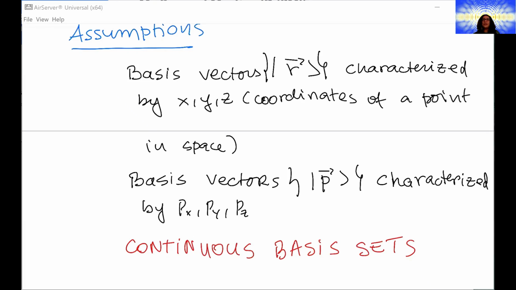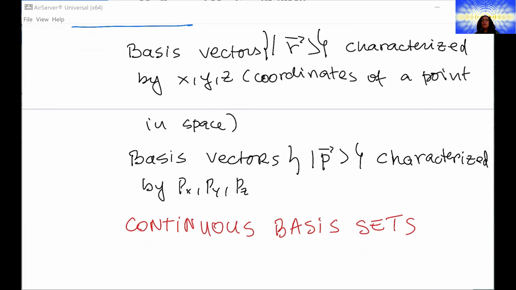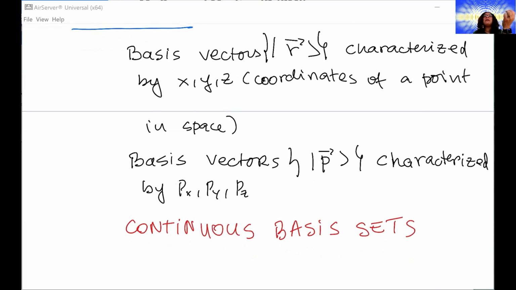So let's have a look at the implications. What I'm going to do now is take all those abstract things I was talking about, like closure relations, orthonormality relations, etc., and apply them to the specific basis, and then I'm going to argue the point, which I know some of you were insecure about.